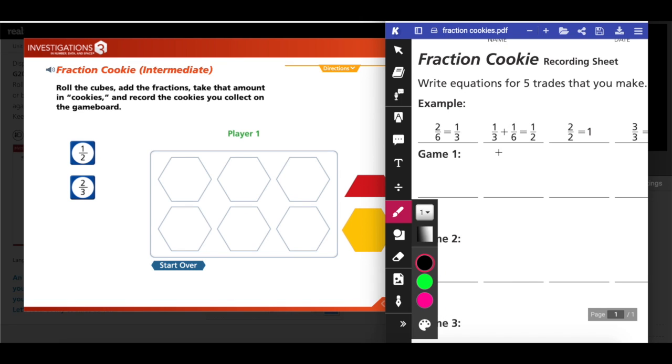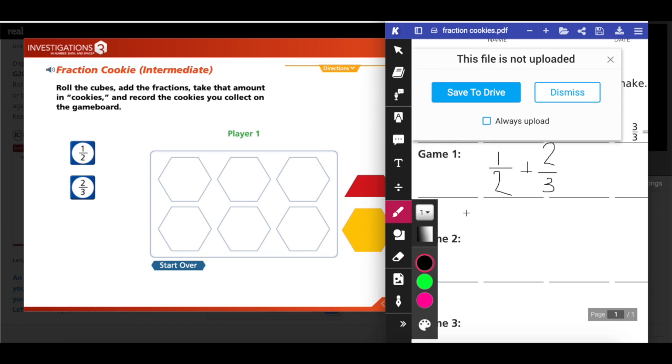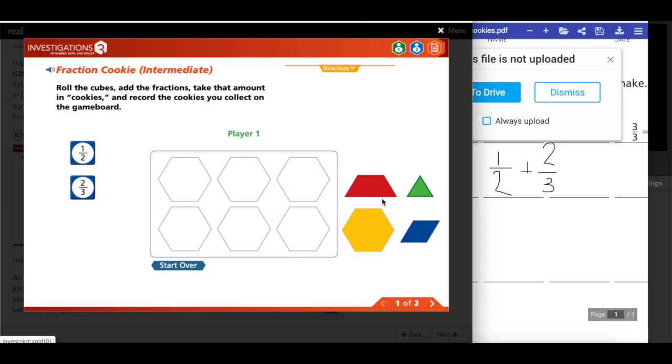So if I did 1/2 plus 2/3, so I know that I can do 1 trapezoid, and I can do 1 rhombus. So right now I have 1/2 and 1/3.